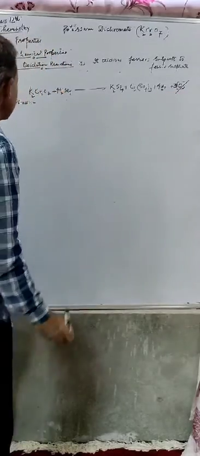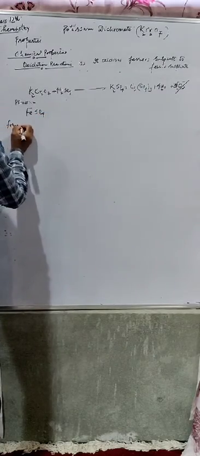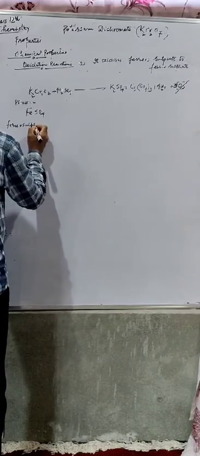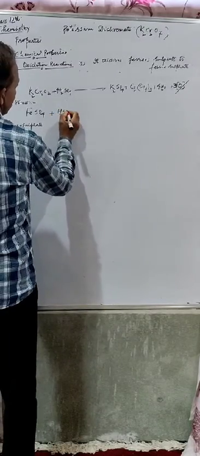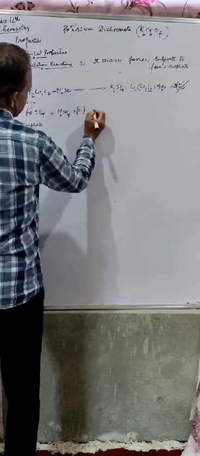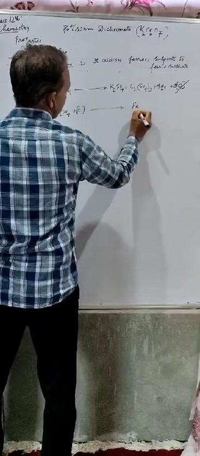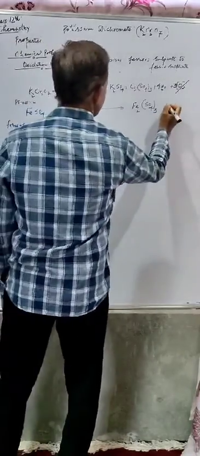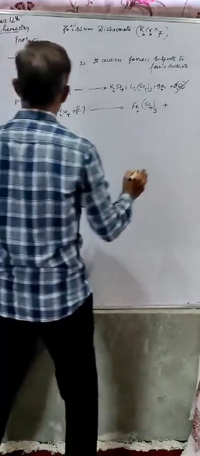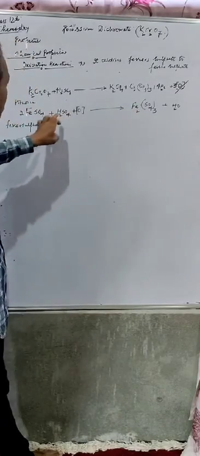Now, ferrous sulfate, FeSO4, in the presence of H2SO4 and the nascent oxygen which gets liberated in the first half reaction, forms Fe2(SO4)3 plus H2O. First we balance this half reaction.